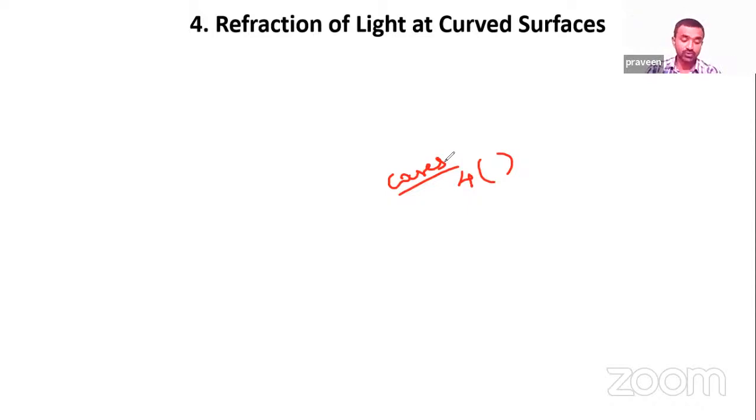In case two, the light ray bends away from the normal. In case three, it bends towards the normal. In case four, the light ray bends away from the normal. In two cases towards the normal, in another two cases away from the normal. So we are generalizing that from the cases.